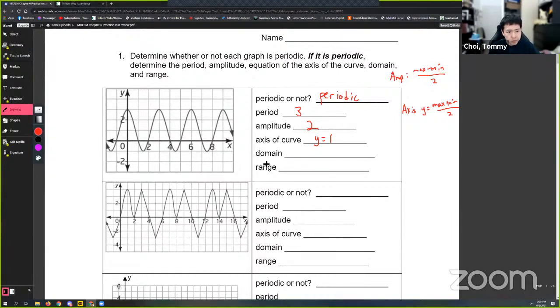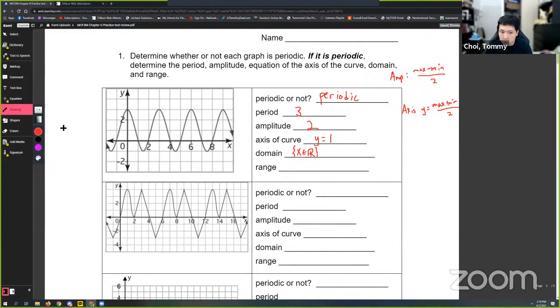The domain, you'll notice if there are arrows, we are assuming that it goes infinitely both ways. If I give you just one section, you're just specifying. So for the domain here, some of you may have just written like -2 to 10, possibly. But what I was looking for here for the domain is x ∈ ℝ, and that's it, because it goes infinitely both ways. So look for those arrows.